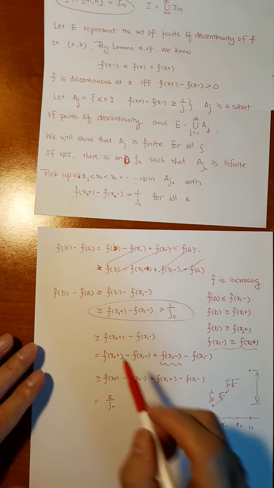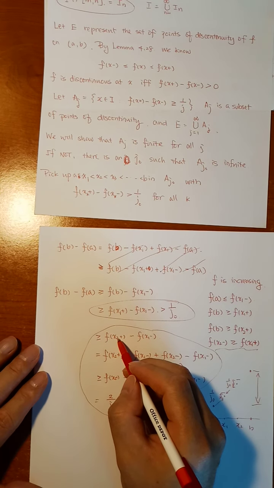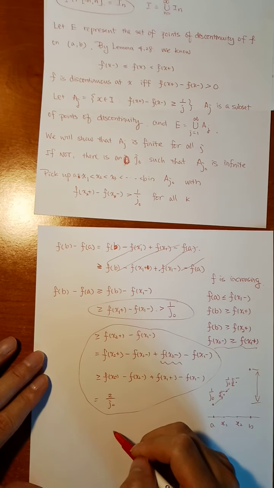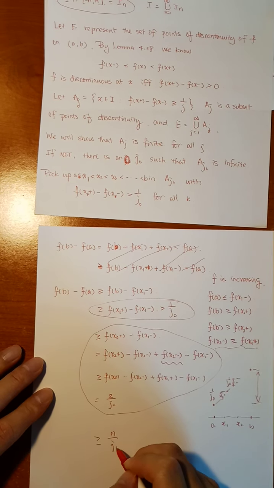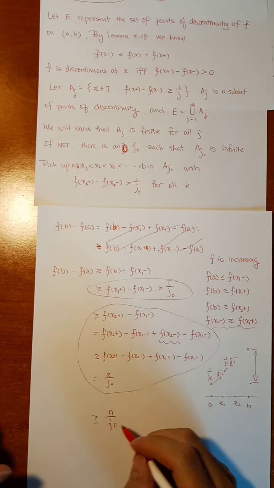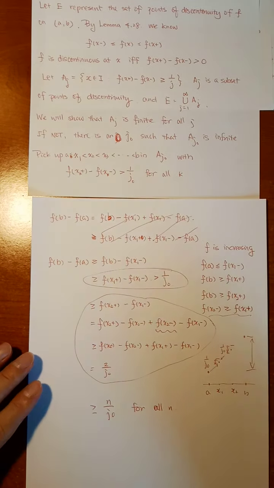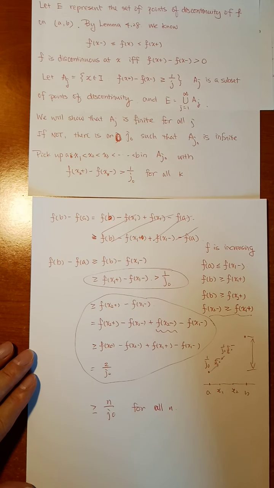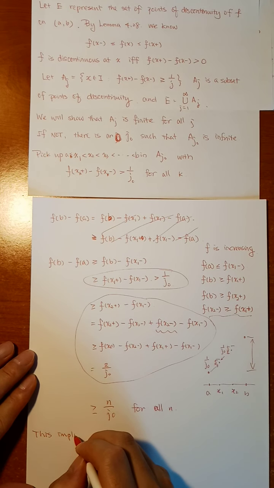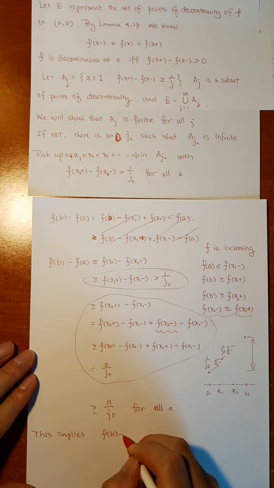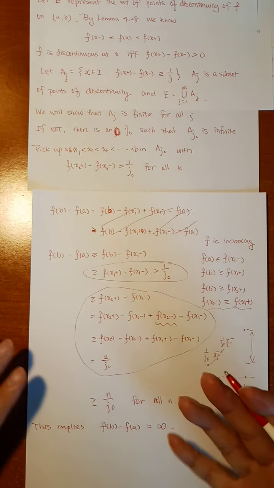You can of course start from here and replace x_2 by x_3, then you will get 3 over j_0. Eventually it will be greater than or equal to n over j_0 for all integers n. This will imply f(b) minus f(a) is infinity. But this is impossible, a contradiction.